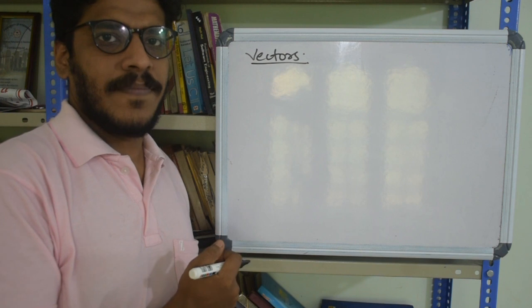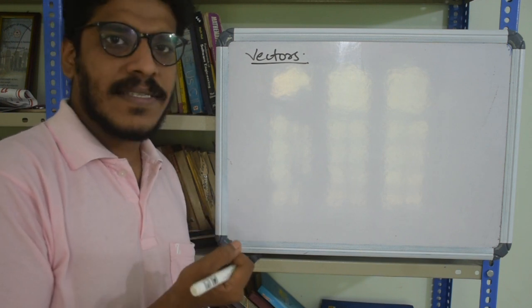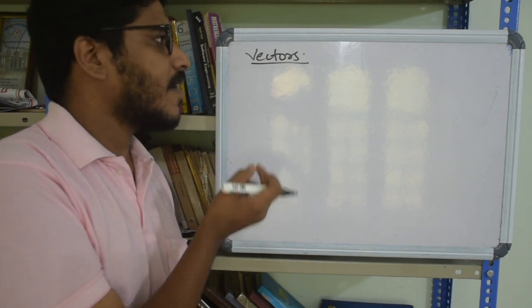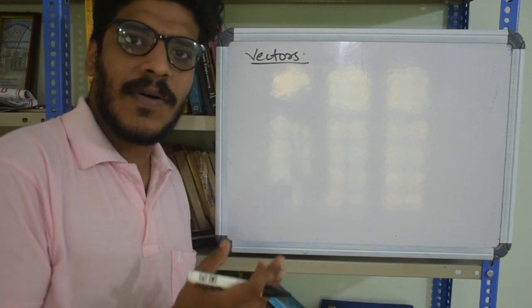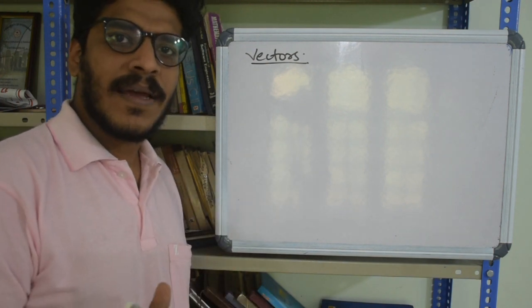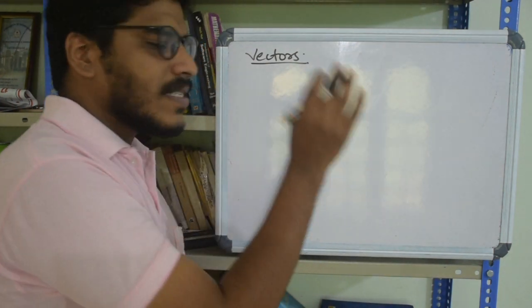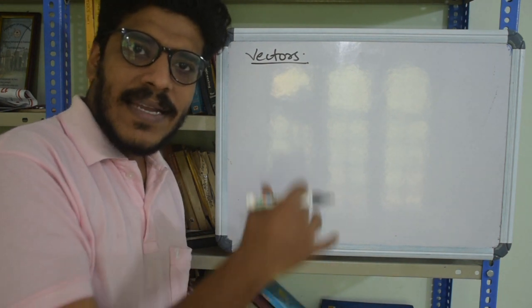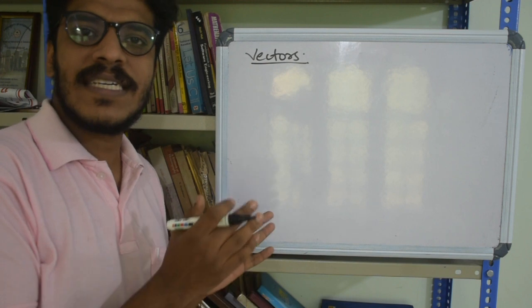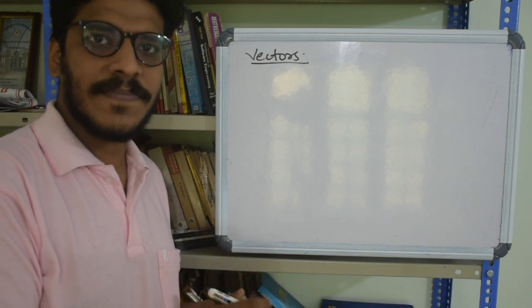What does this mean? We have seen in physics, or in almost all our previous applications, vectors as a physical quantity which has both magnitude and a direction. Right. So we start with that concept, and in mathematics we have a much more general meaning for vectors.